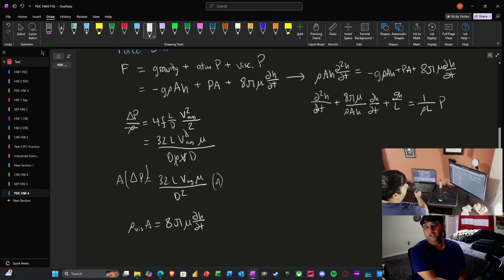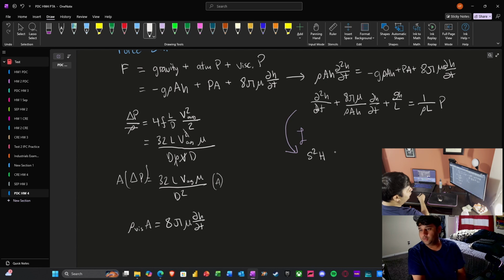Next, since we are looking for a Laplace transform, we are going to convert this to that. So we're going to be left with s squared times big H plus, oh, I forgot to mention, to be able to do this Laplace transform, we're going to be simplifying our components down.